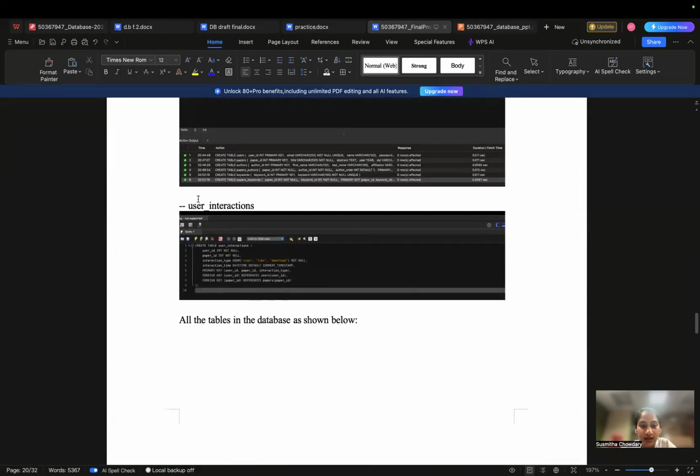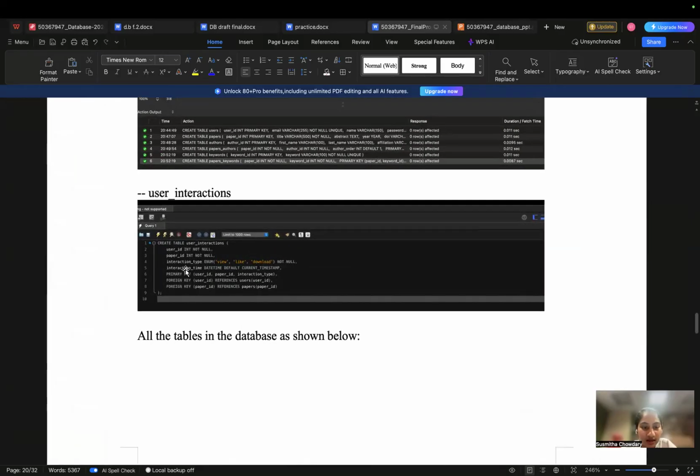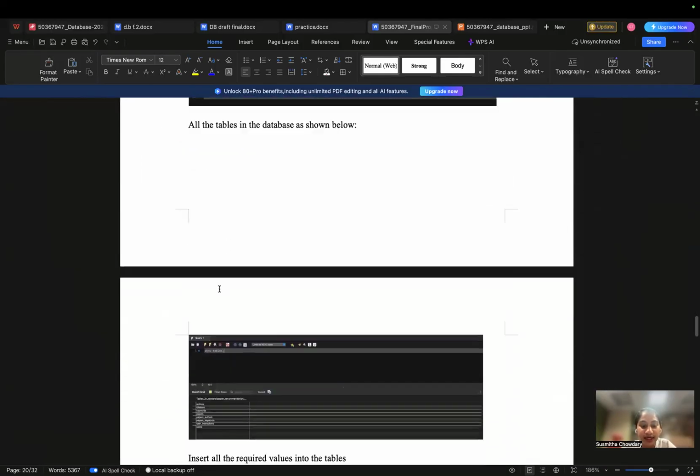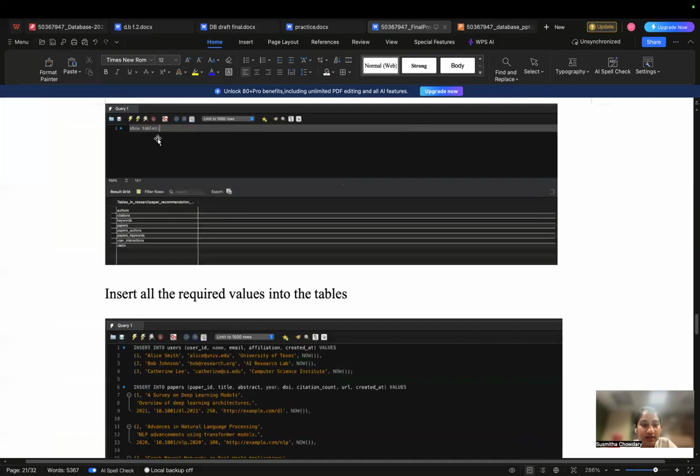Every table and user interactions, which has user ID, paper ID, interaction type, and everything related to my database. These are all the tables that are created in my database.